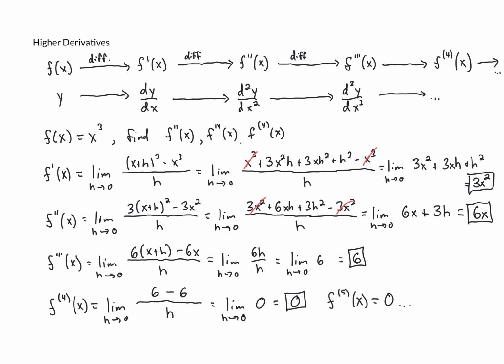Now, I would love to take the time to look at an example of what these things mean with respect to the position function, but this video is already too long, so I don't want to go through a whole example. If you look through the list of worked out example problems, there is going to be one there. But one quick note, if we start with a position function and we take the derivative, that gives us the velocity function.